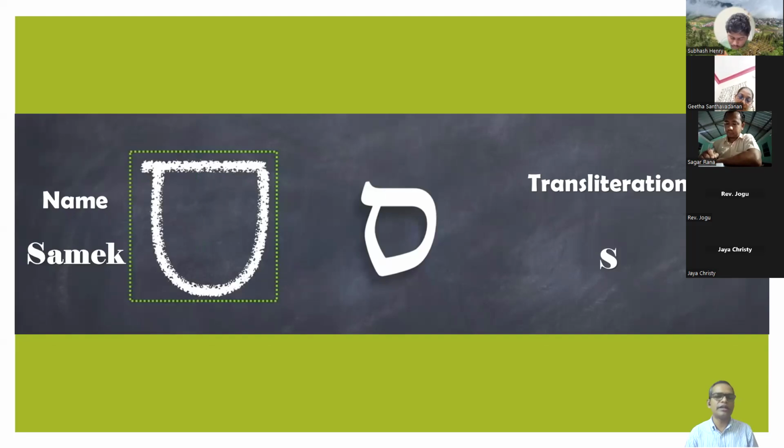Horizontal line, then a U-like shape. Sometimes the horizontal line which is written down need not be perfect. It can also be like a small bend. In many running letters you can see that. Fine. So the transliteration of Samak is S.